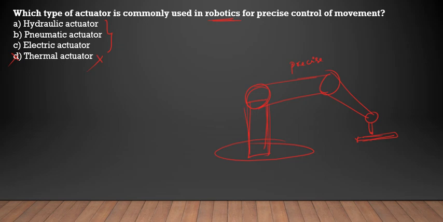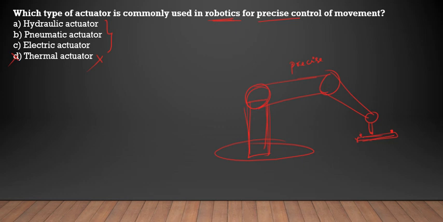For example, if I need to pick a material which is placed here, and I need to place it on this side, it is very clear that I need to first pick here, and then I need to go here and place this here. So for this, we need exact measurements and exact movements. This is what we call preciseness.